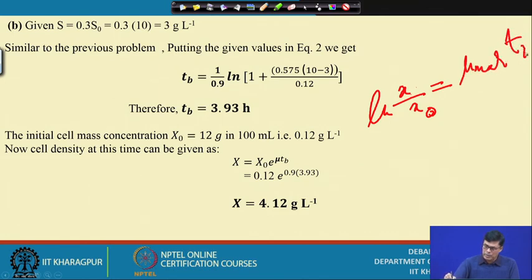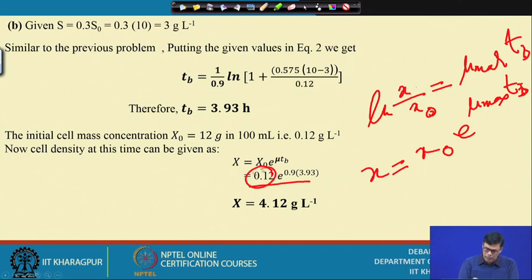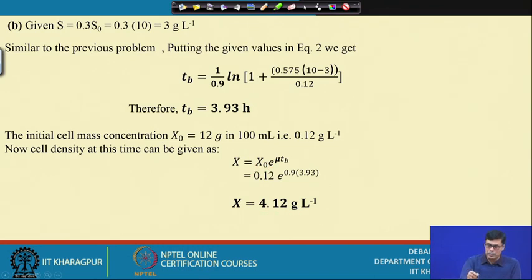Am I right? The time of the batch process. So, I can write x equal to x0 into e to the power mu max into Tb. That is how much time is required for 70%. This is exactly as done before, only this value will be changed and this value will be a little bit altered. That we will correct later on.